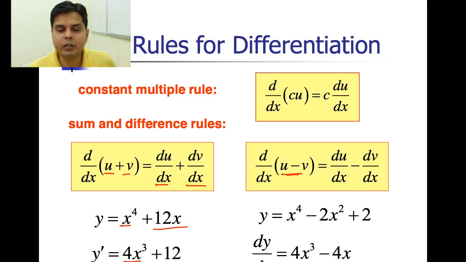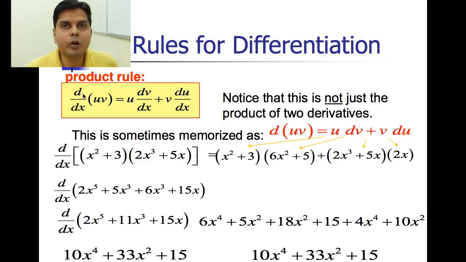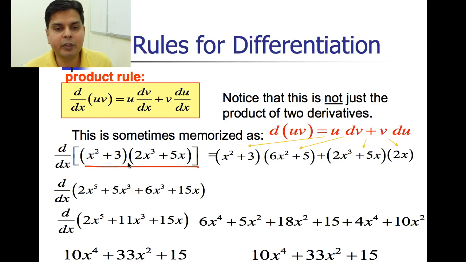Another is the product rule, that d by dx of uv is equal to u times dv by dx plus v times du by dx. Notice that this is not just the product of two derivatives. For example, if I have to find the derivative of the product of these two functions, I can do it using two methods. I can either multiply them together, get this term, and find its derivative, or use this product rule.